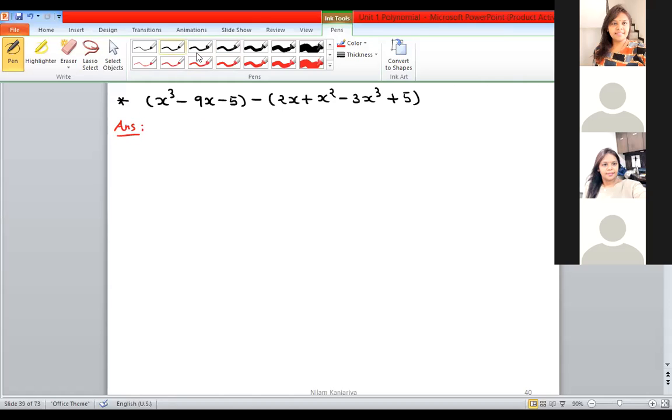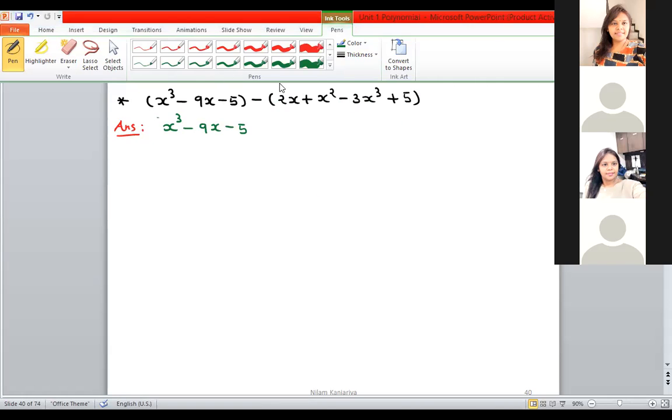first of all, open the bracket. So I can write this term as it is: x cube plus 9x minus 5. Now I open the second bracket. Look at the sign. The sign is minus, that means all the terms will change their sign. The plus term becomes minus and the minus term is written like a positive term.